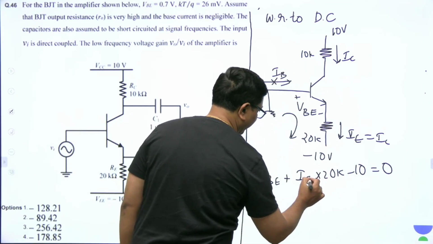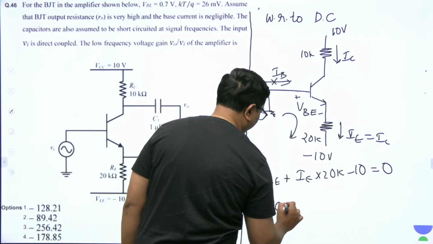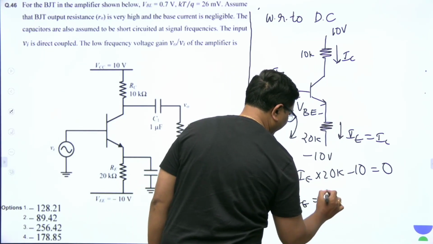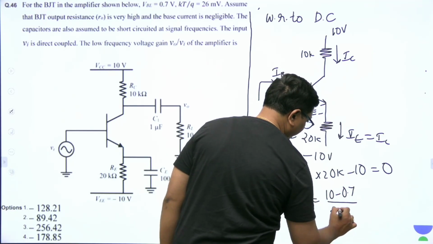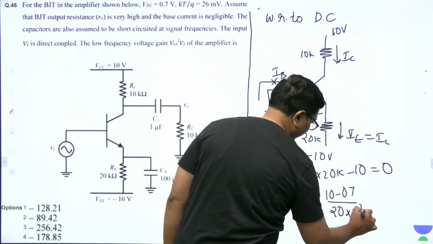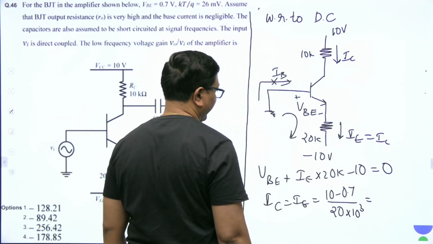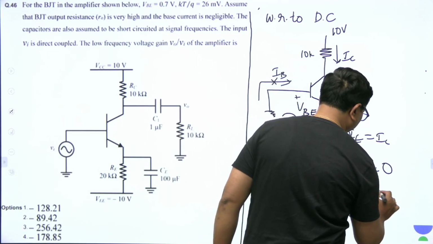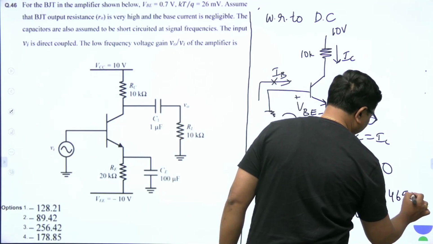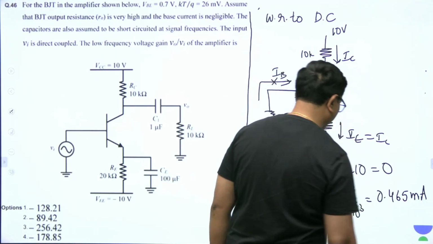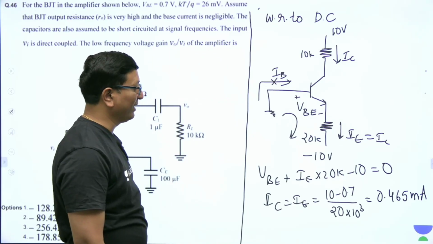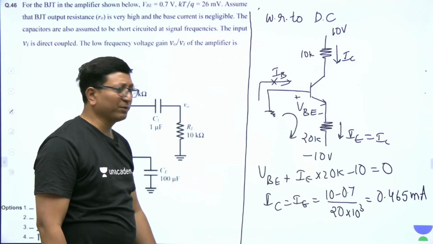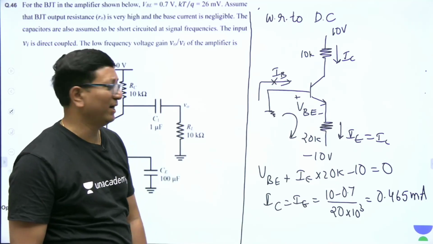So IC or IE is equal to 10 minus 0.7 by 20 kilo ohm. So how much do we get? 9.3 by 20. So 0.465 milliampere. We can take it like this: 9.3 by 2 means 0.465 milliampere.